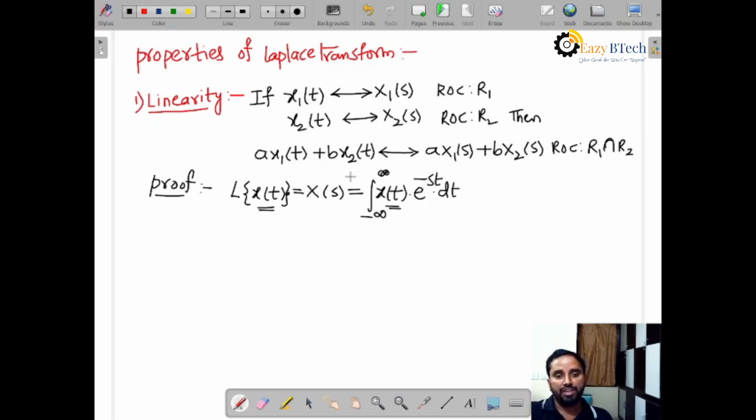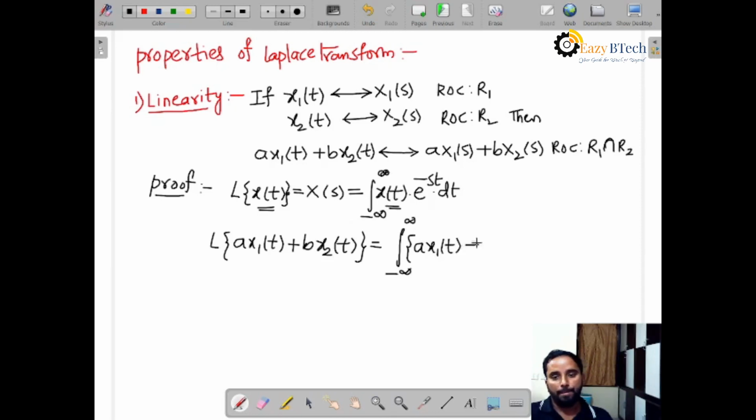Now we are going to take A x1 of t, B x2 of t Laplace transform. This is the signal now, linear combination of x1 and x2. So Laplace transform of A x1 of t plus B x2 of t is equal, the same way, integral minus infinite plus infinite, here the signal A x1 of t plus B x2 of t into e to the power minus st dt.